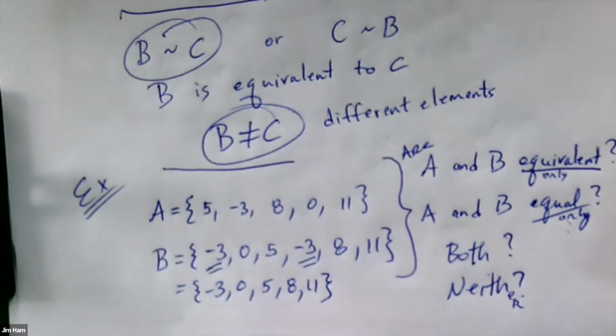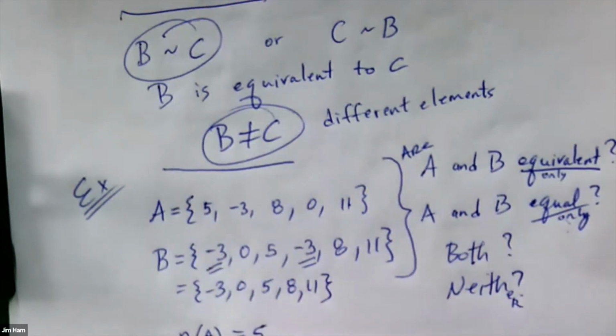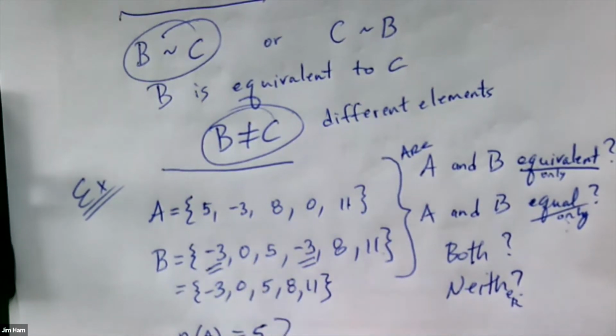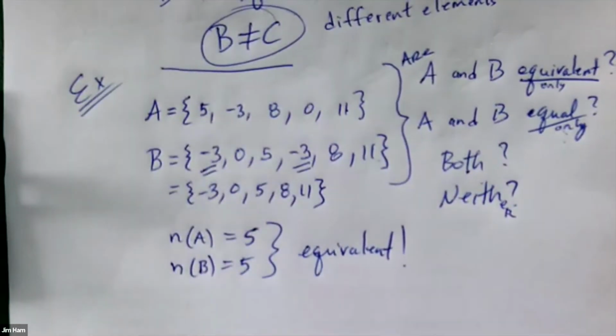Okay, the number of elements in A is 1, 2, 3, 4, 5. The number of elements in B, notice we made it a little bit more efficient by writing the -3 only once. So these two are the same. We're not going to doubly count the -3. So 1, 2, 3, 4, 5. B also has 5. And because they have the same number of elements, we know that they're equivalent.